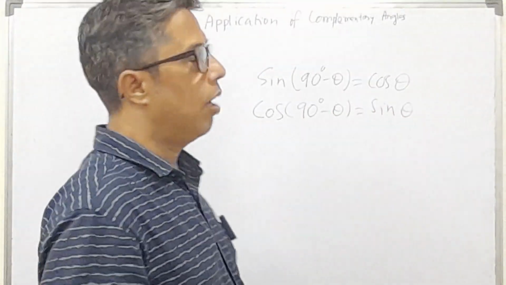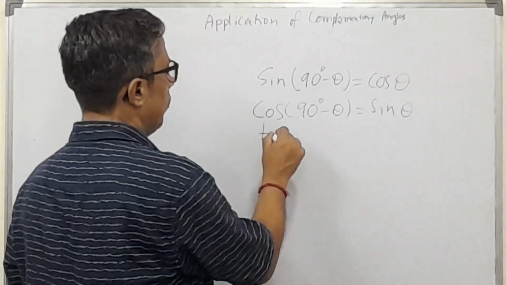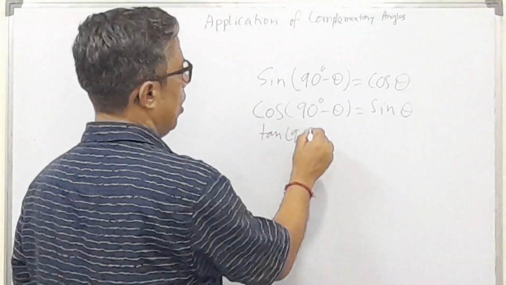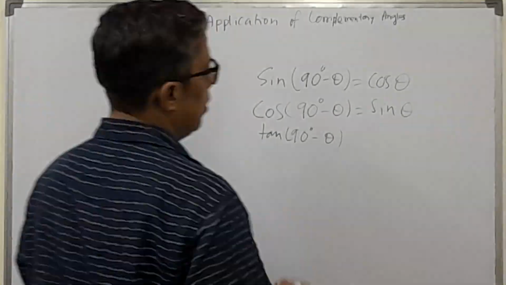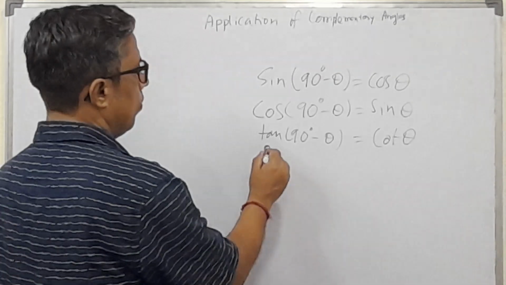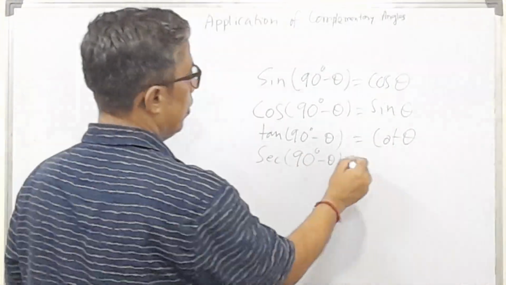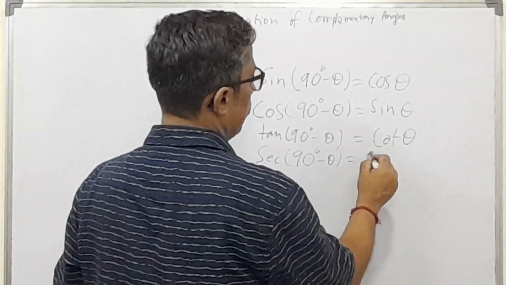The same pairing will happen for tan and cot. Tan of 90 degree minus theta is equal to cot theta. And sec of 90 degree minus theta is equal to cosec theta.